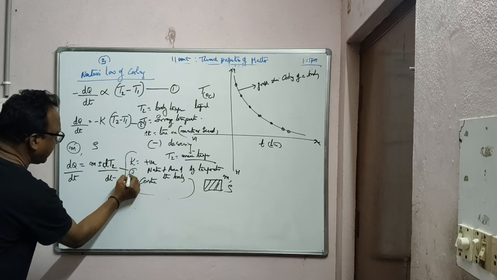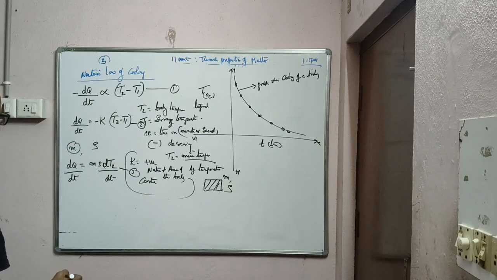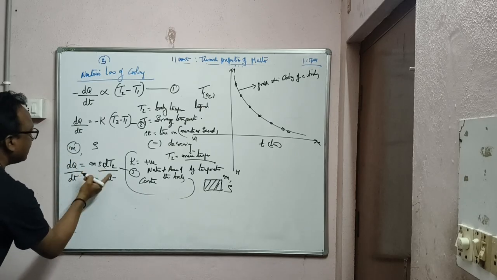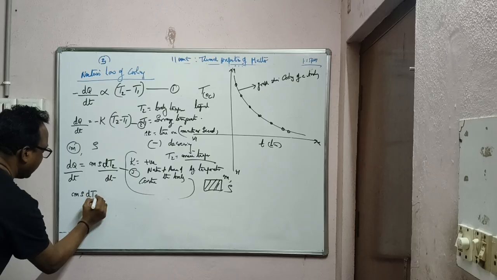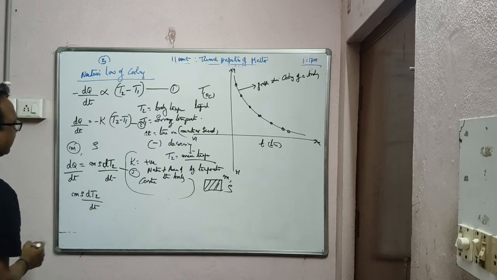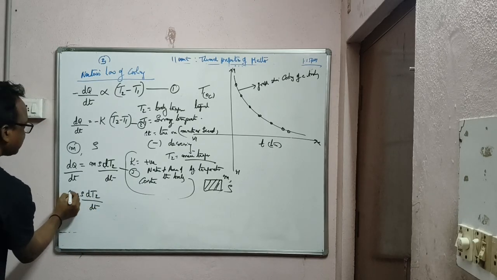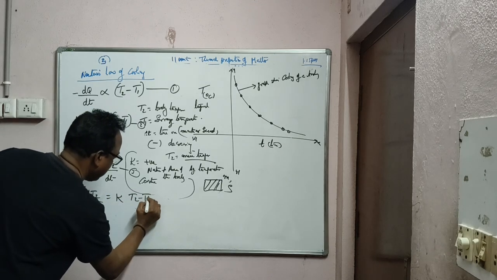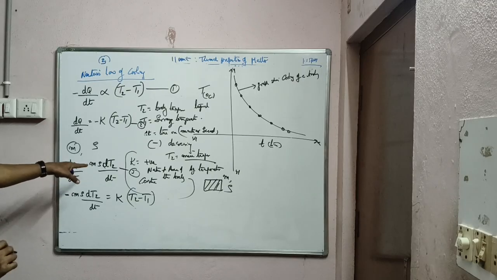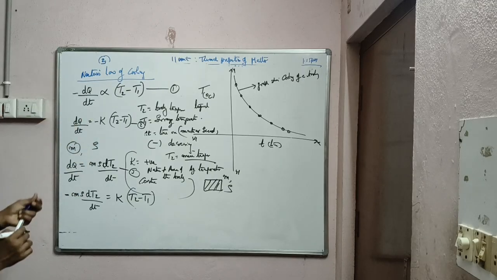Put it equation 3. Use this equation here. Then what happens? Put it into m s dT2 by dt, of course minus, is equal to k into T2 minus T1. I'll substitute this in equation 2.